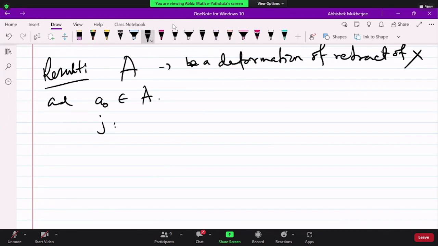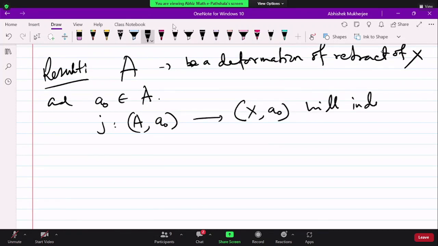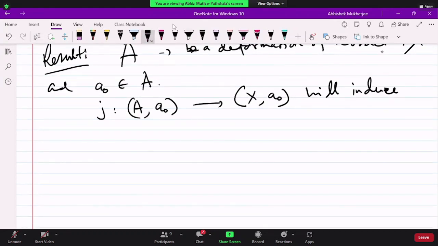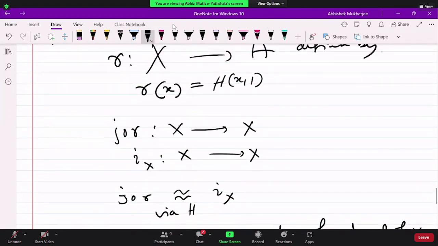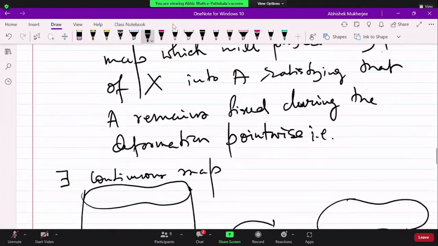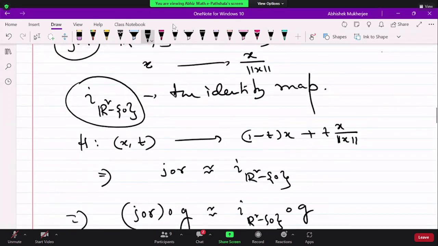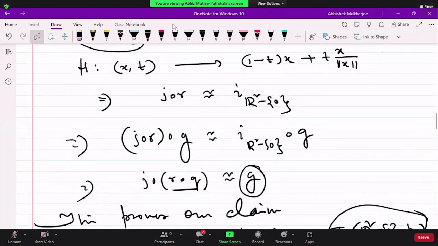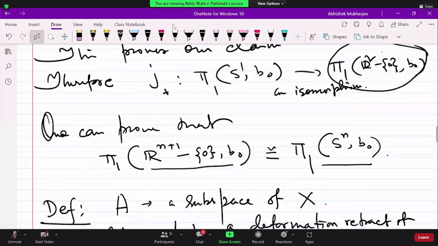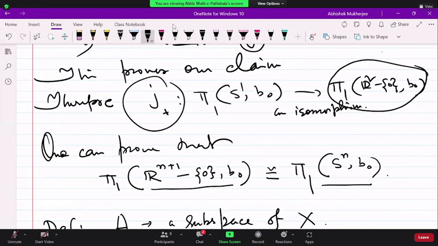So this inclusion will induce an isomorphism. Okay. So this will induce an isomorphism, which is the induced homomorphism, right? That has been visualized here in this case. That is where it is, yeah, this one, right?